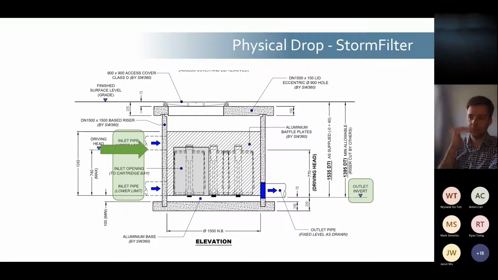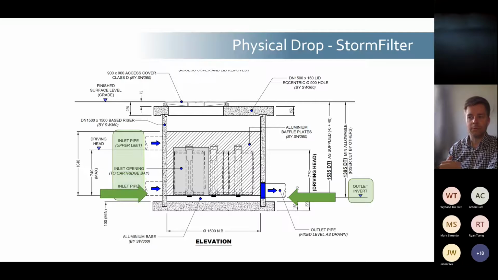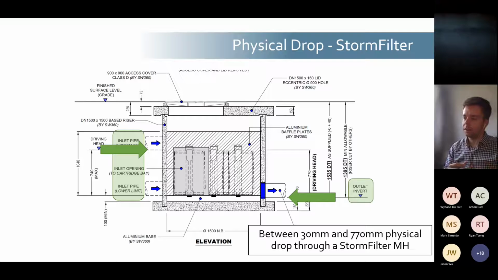Typically we say it's 770 mil above the outlet, but that can be anywhere from between 30 mil above the outlet to 770 mil for 69 centimeter cartridges. So again, with a storm filter, there is between 30 mil and 770 mil physical drop through a storm filter manhole. So again, there are options, and we can adjust these options to suit the constraints that there may be on a particular network or site.